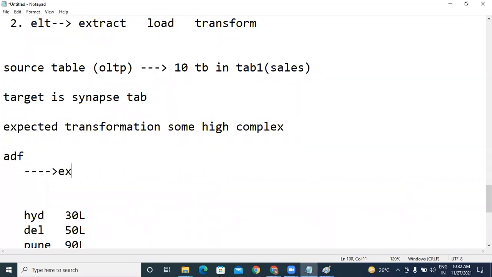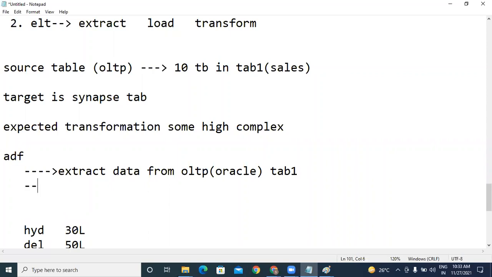I want to extract data from OLTP. Think that my OLTP is in Oracle, and my table is tab1.